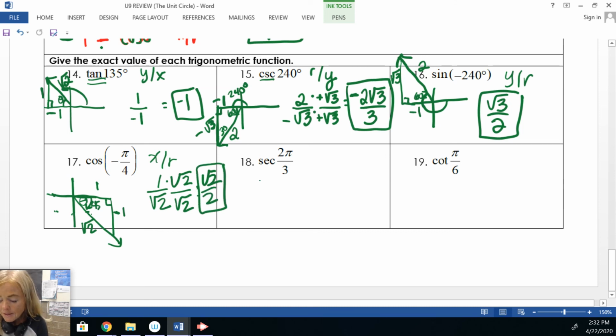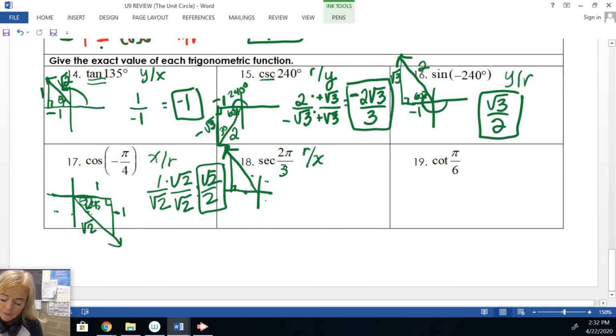Okay. Secant is reciprocal to cosine. Cosine is x over r, so secant is r over x. Now we're breaking pi up into thirds. 1, 2, 3. So 3 pi over 3 is pi. We want to traverse 2, and that's traversing 2. So if we've gone 2 pi over 3, this is 3 pi over 3 to here.